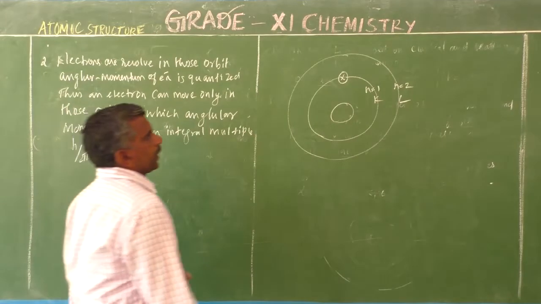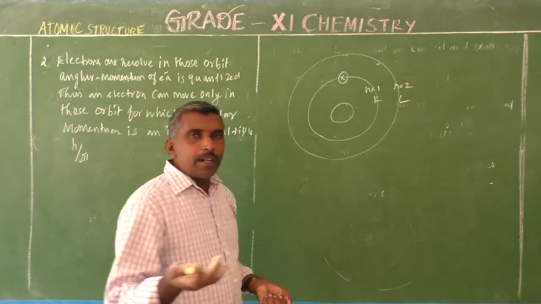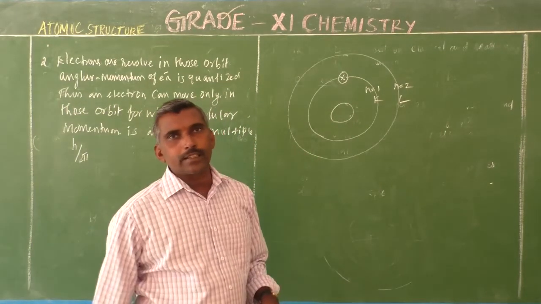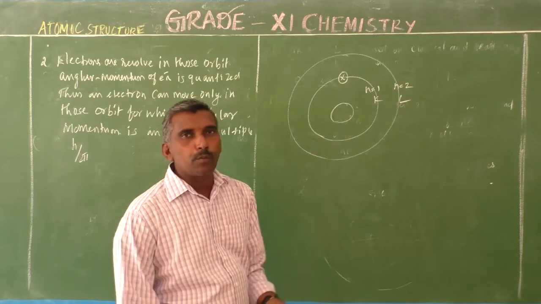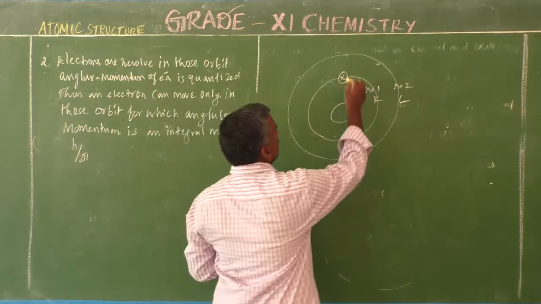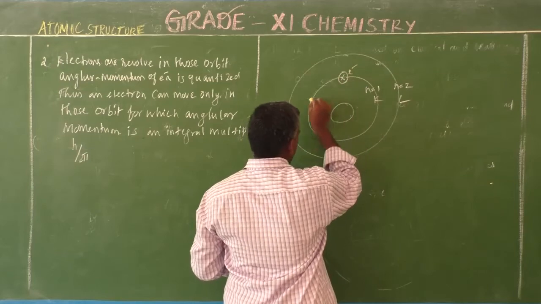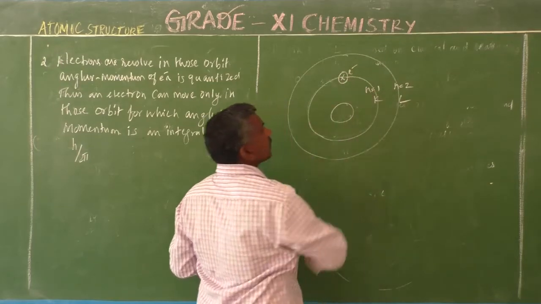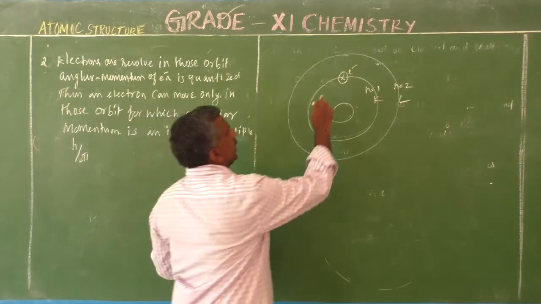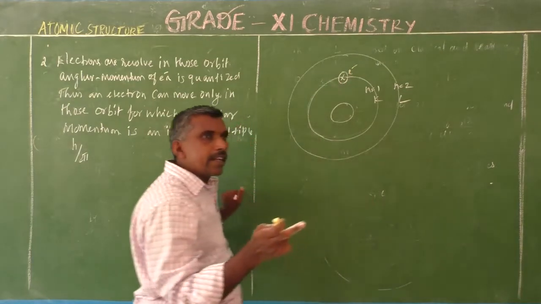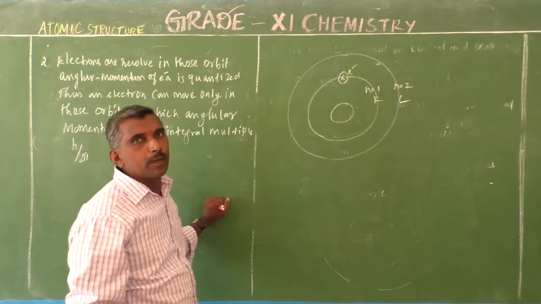Angular momentum of the electron: when any particle revolves around a circular path, it has angular momentum. This electron revolves around the nucleus, so its travel in a circular path gives angular momentum.